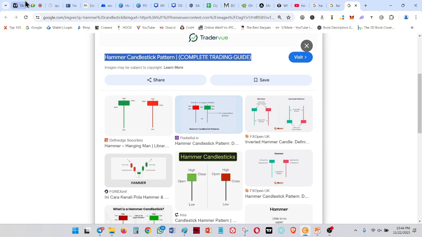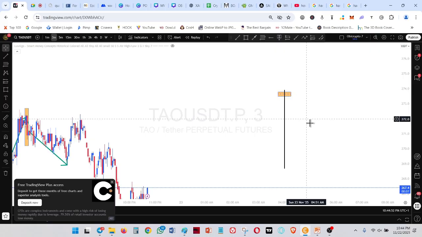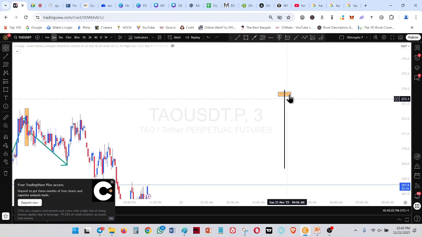What do I mean by that? Let me show you. In this case, if it closes like this, it is still a hammer, because this small black wick at the top is not as long as this one down to the bottom. It's not even up to 10% of the length of the one at the bottom. Do you agree? So this is also a hammer.